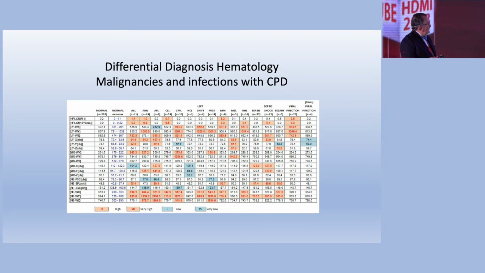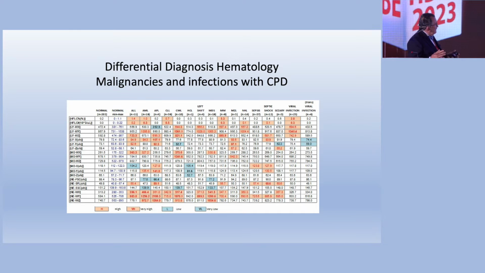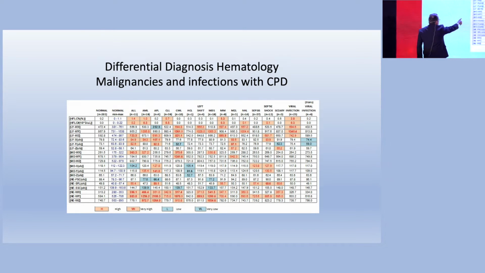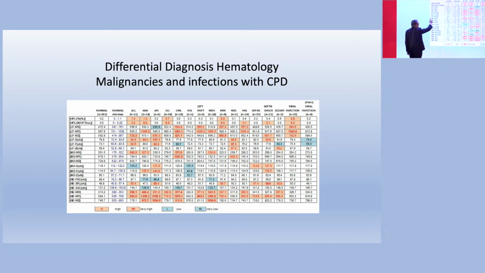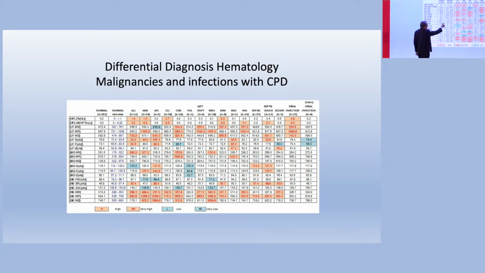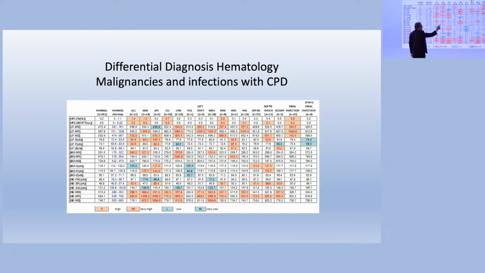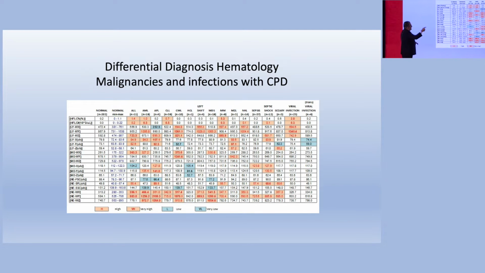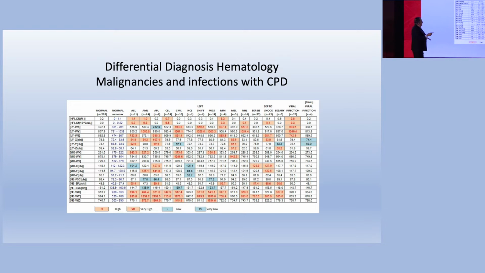This is now coming much more, the resolution of the projector is not so good, but you will maybe see. These are the neutrophil, the monocytes, and the lymphocyte cell population data, and this is ALL, AML, CLL, sepsis, viral infections. What I want you to see here is a potpourri of viral infections, sepsis, AML, mantle cell lymphoma, multiple myeloma.